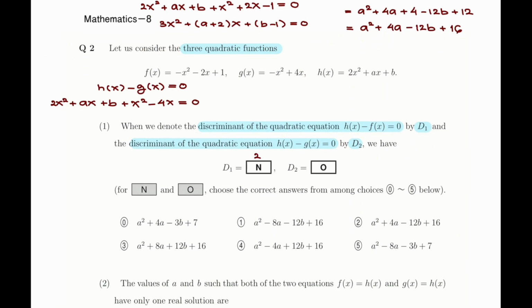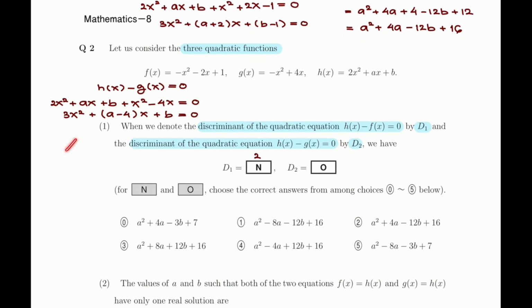And then I need to simplify my expression first. 2x squared plus x squared becomes 3x squared. And then ax minus 4x, I will factorize x, then I will get a minus 4 times x. And last, my constant term is only b, plus b equals 0.